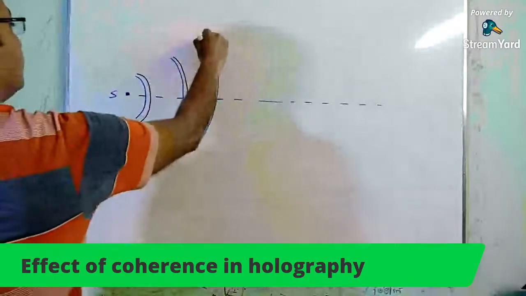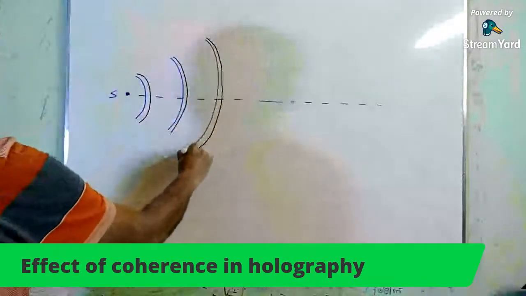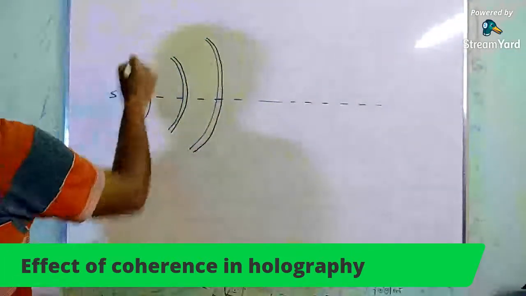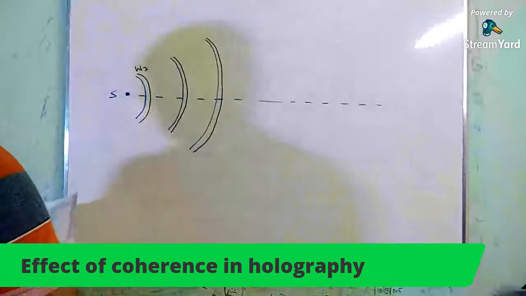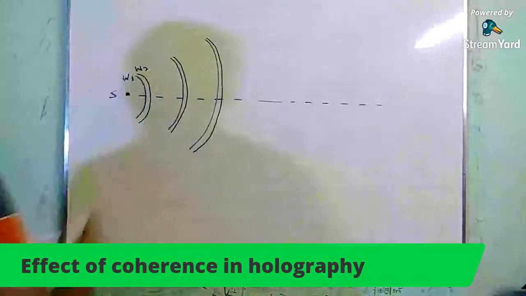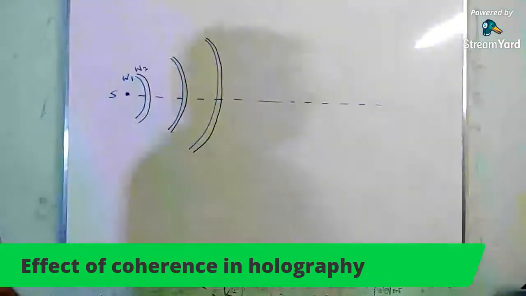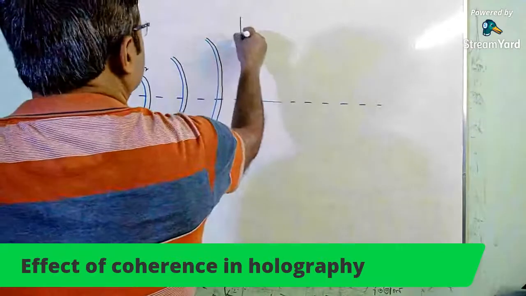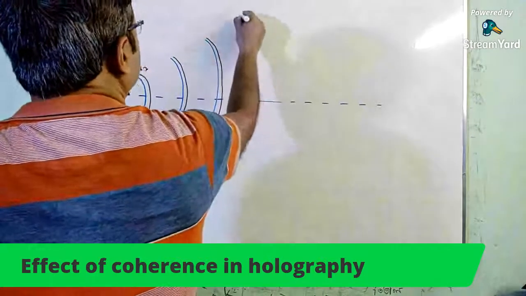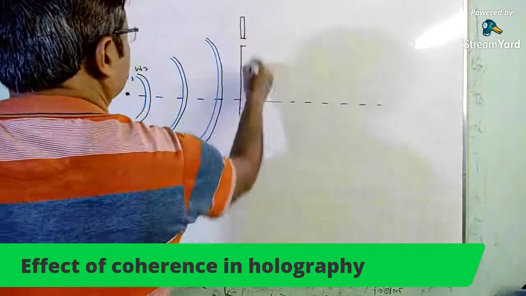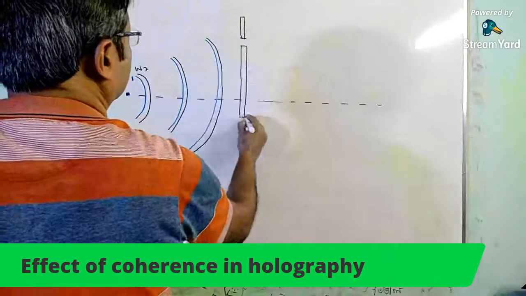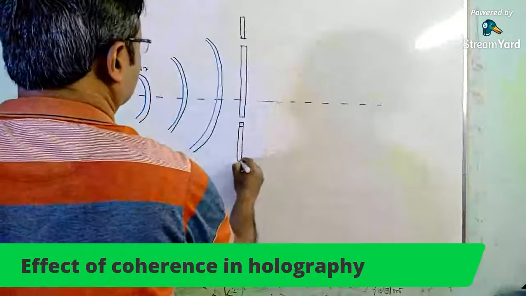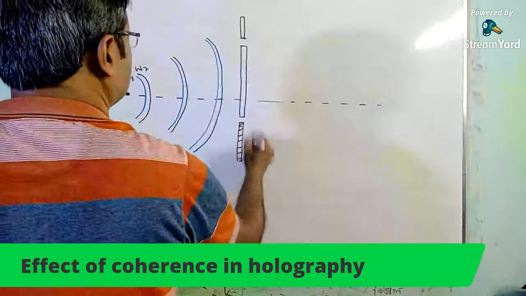I'm using two different colors to distinguish. One is W1 and the other is W2. W2 is the wave which has a longer wavelength. Now let's take this as a double slit. This is the double slit.